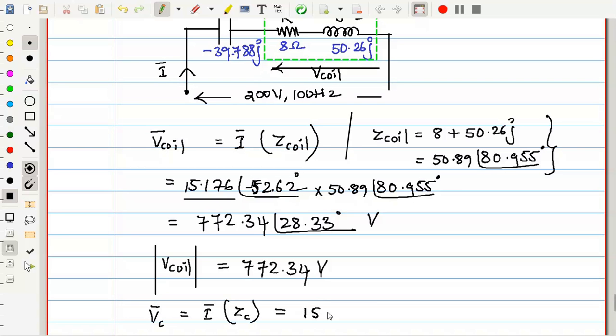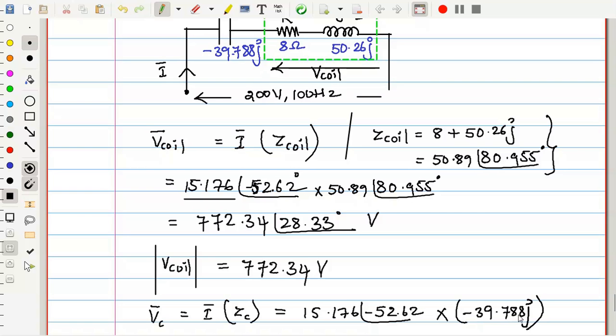So this is 15.176 at an angle of minus 52.62, and the impedance is minus 39.788j, or at an angle of minus 90.